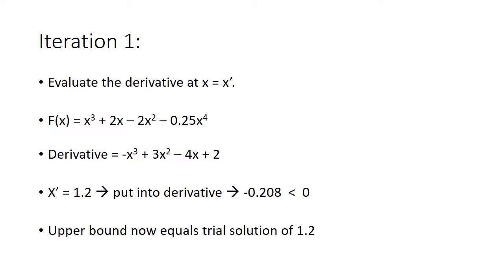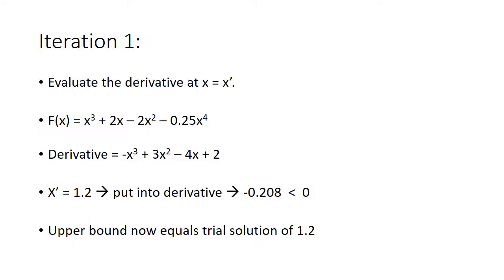Taking its derivative, we get negative x cubed plus 3x squared minus 4x plus 2. I rearranged the derivative so the exponents are in descending order, so don't get confused if you look back at the first objective function.